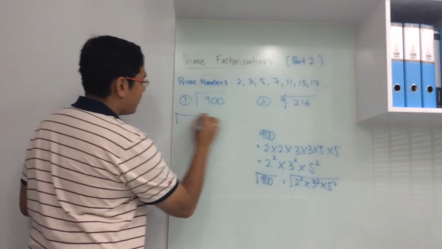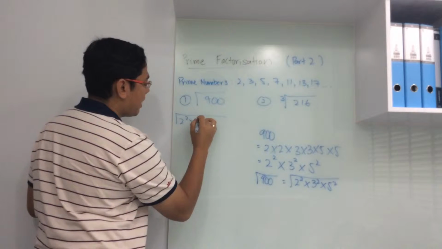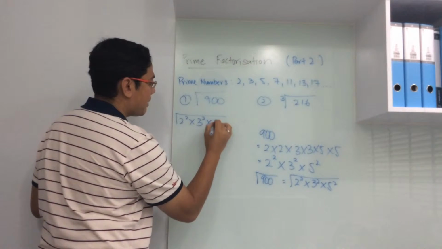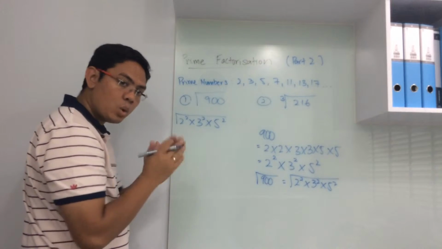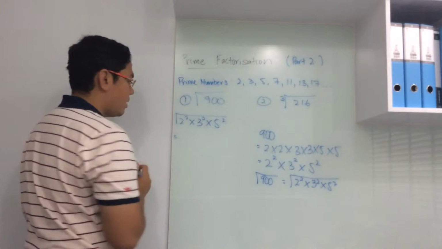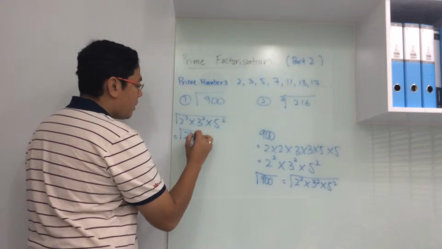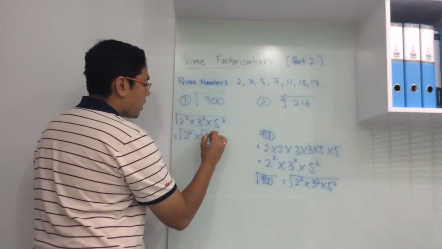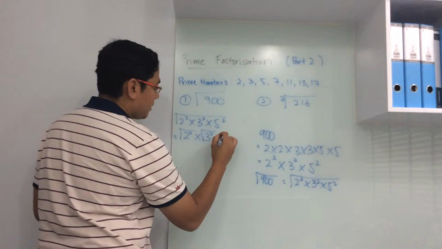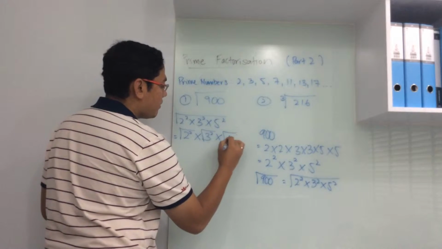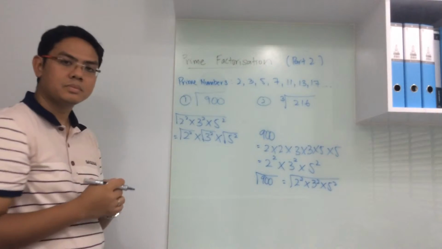Since we have 2 power 2 multiplied by 3 power 2 multiplied by 5 power 2, we separate the terms. We have the square root of 2 power 2 multiplied by the square root of 3 power 2 multiplied by the square root of 5 power 2.